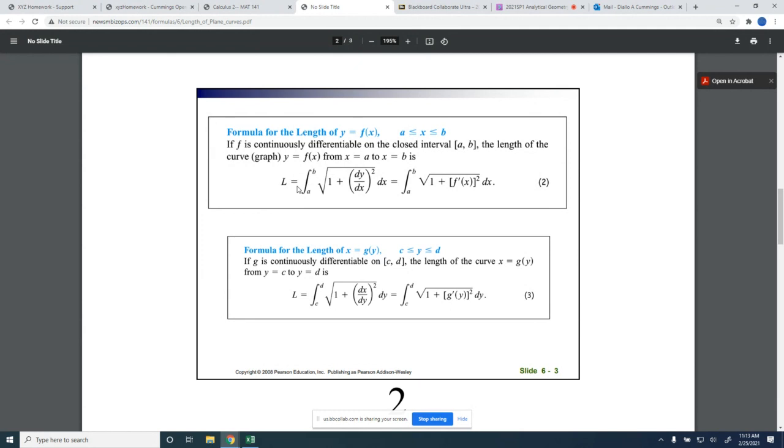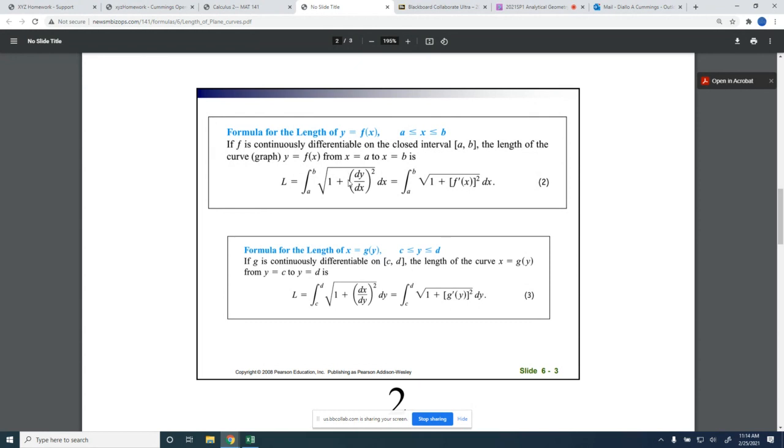So L is equal to the integral from A to B of the square root of 1 plus dy/dx quantity squared. Remember, dy/dx is the derivative.